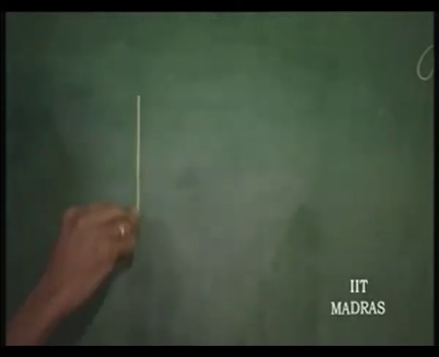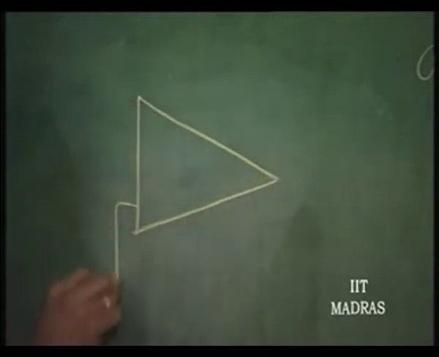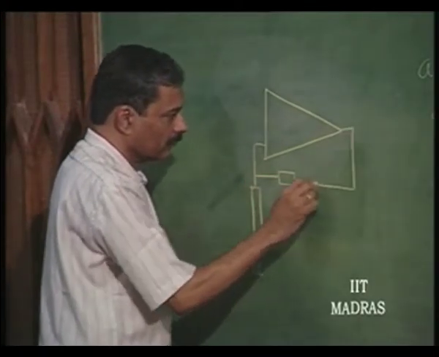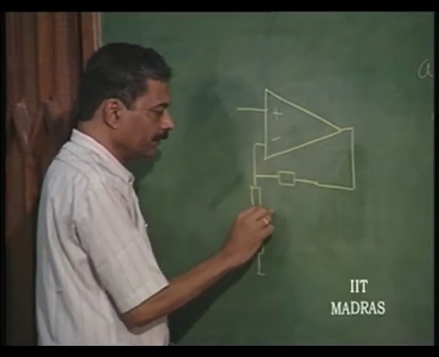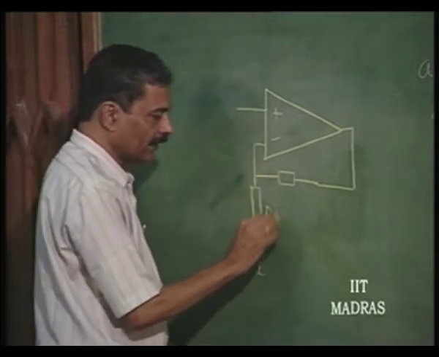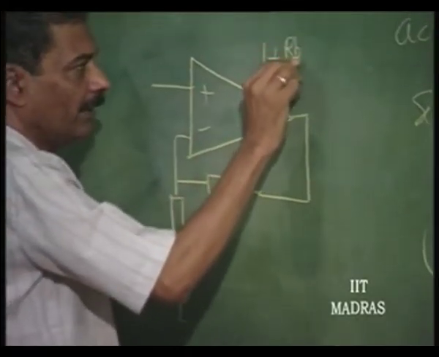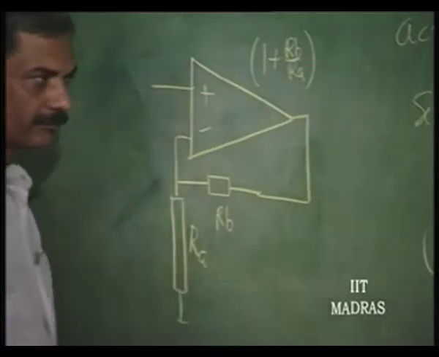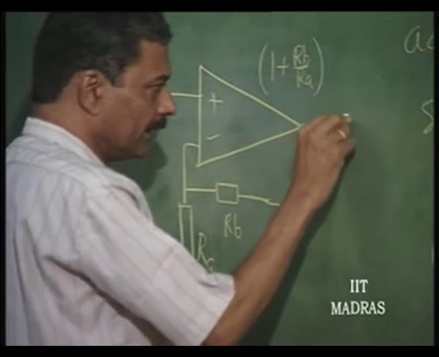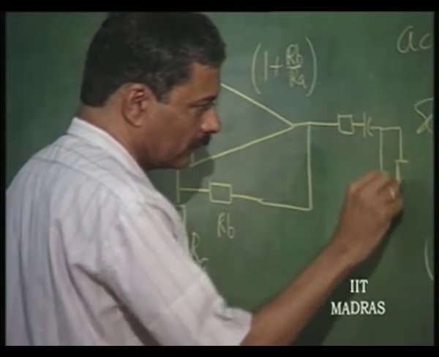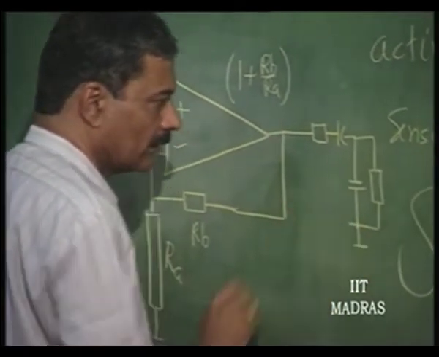Now, let us consider this. I am, for illustration, taking the Wien bridge oscillator, so that you can understand this clearly. We had put here resistances, let us say R A and R B. The gain was 1 plus R B by R A, and we had put here resistors.